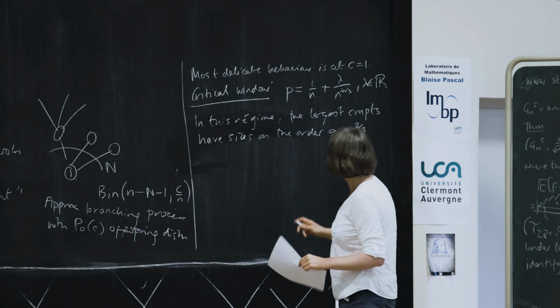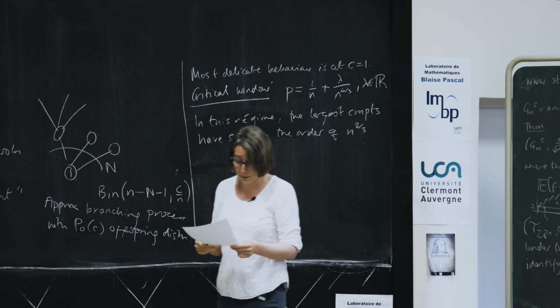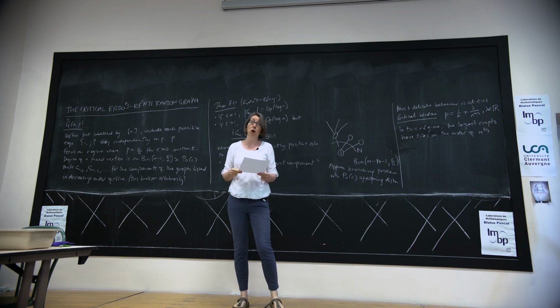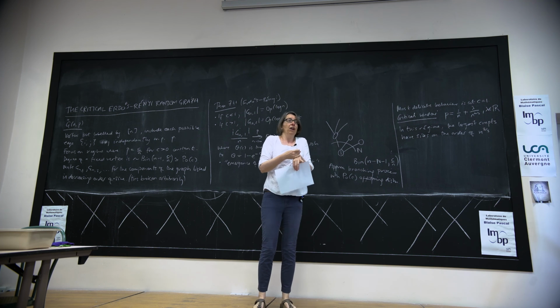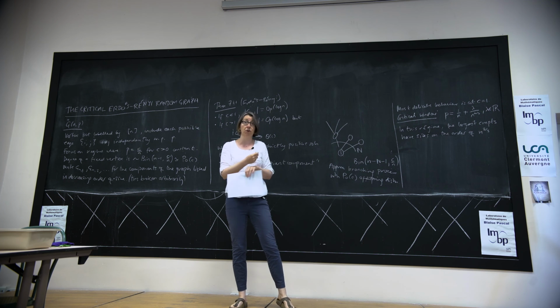Okay, so I've put in the notes an exercise which takes you through a bare hands proof that the largest component must be OP of n to the 2/3, so tight on the order of n to the 2/3, to get you started on how the tail probabilities for branching processes transfer into size scalings for components in the random graph.